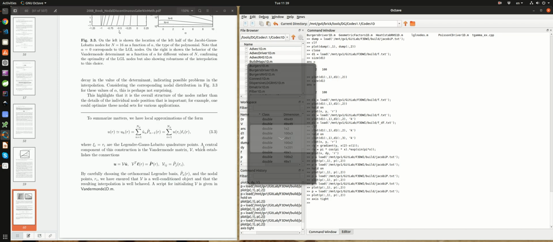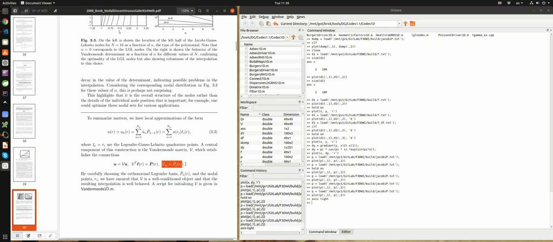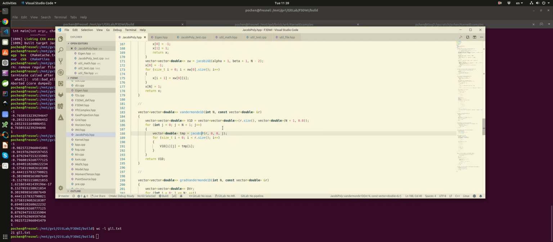You just use this particular formula: for the ith row, jth column, you take the jth polynomial with ri as the input, where ri is the ith GLL quadrature point. Just stick that in there, and then you get the Vandermonde 1D matrix.